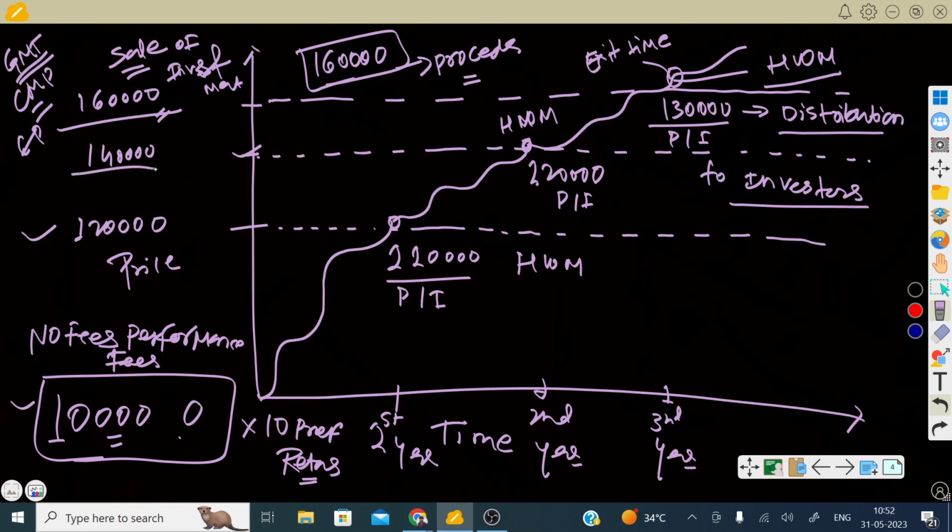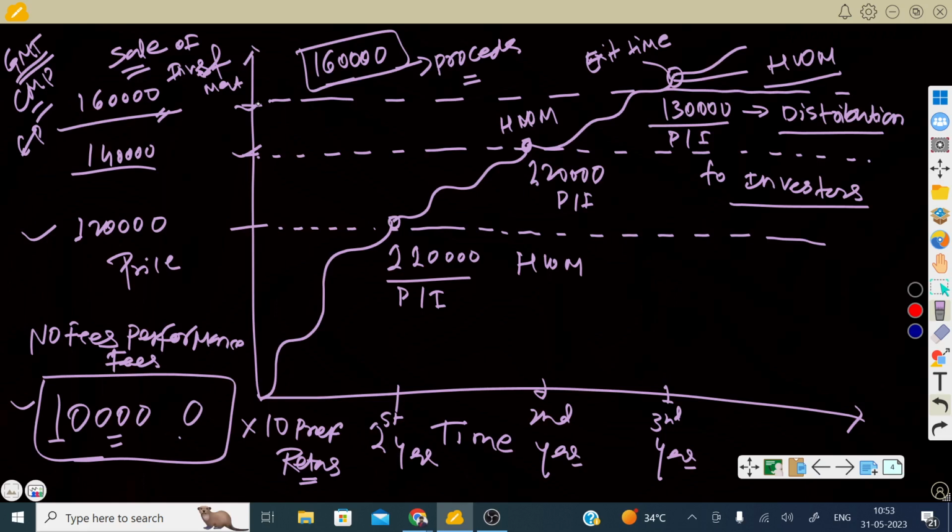Similarly here, the fund reached 160, but the high watermark is 1 lakh 30,000. So don't you think the incentive fees will be generated here? Fees will be generated, right? And then how can you calculate the fees?